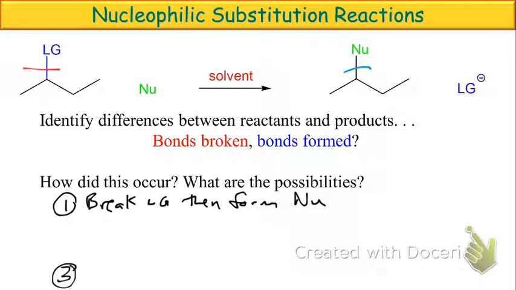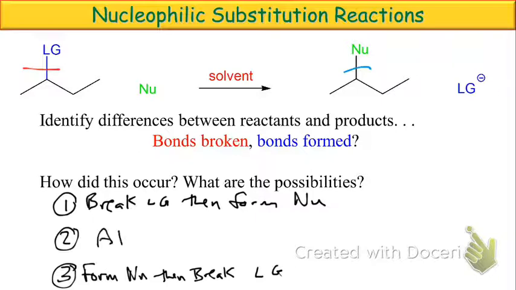As a big hint, can you guess how many options there's going to be? What's the last one? Our last possible option would be all at the same time.